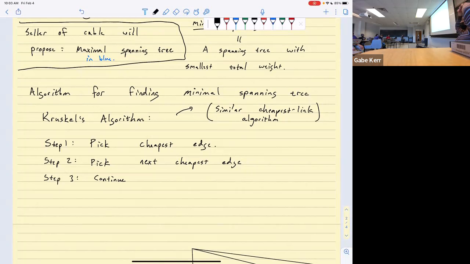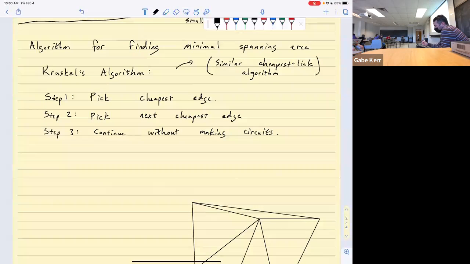However, now we actually have less that we have to avoid. We can make degree 3 vertices or vertices of any degree, but we can't make a circuit. That's the only rule. Continue without making circuits. In other words, pick the next cheapest edge without making a circuit.